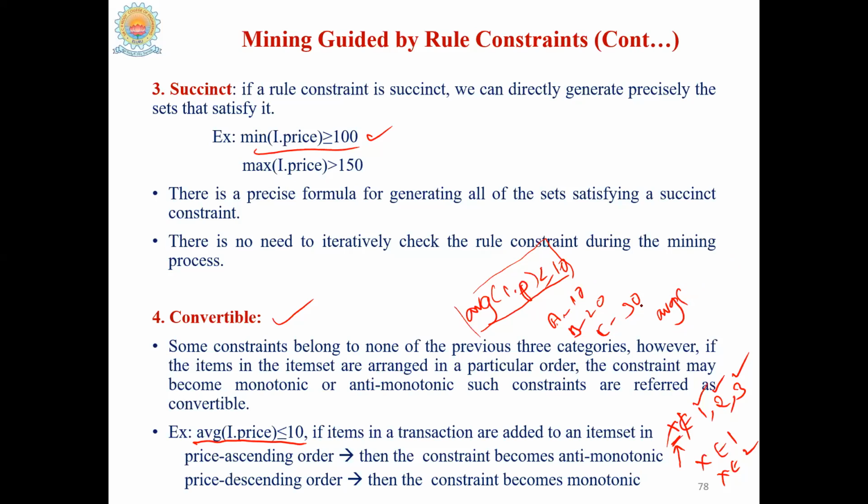Since the cost of C is greater than the cost of A and B, the average of A, B, C is also greater than 10.